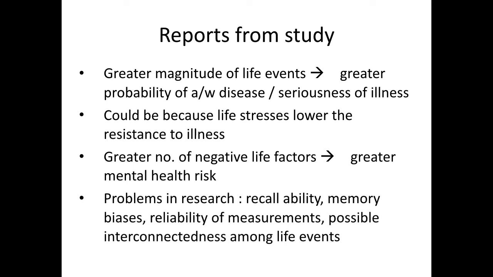Obviously, there will be challenges and problems in this kind of research, such as recall ability, memory biases, reliability of measurements, and possible interconnectedness among life events. Things in the past we don't want to remember if they're bad. So it will give the researcher a problem where the person under investigation or the person that you interview has a recall or memory bias.